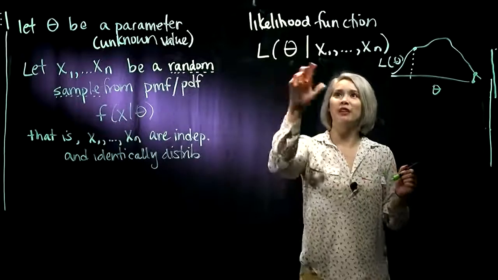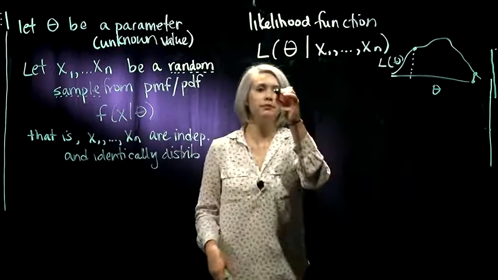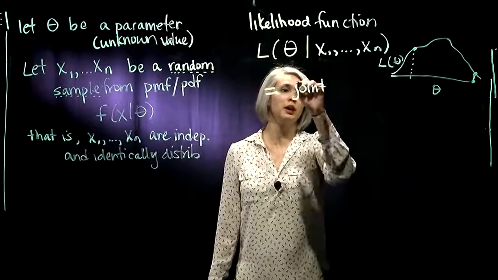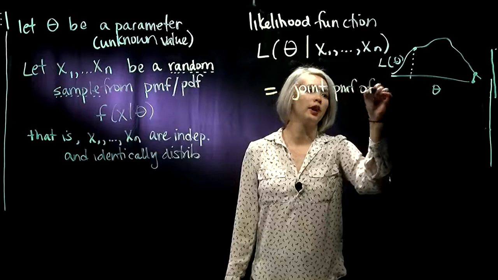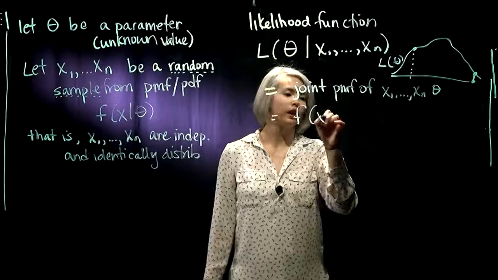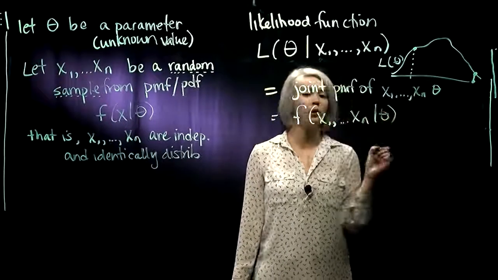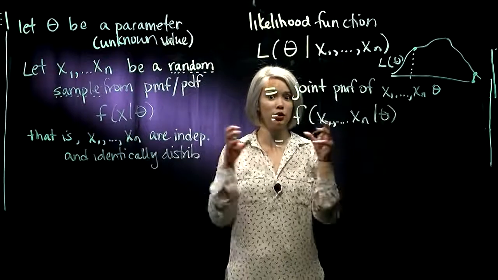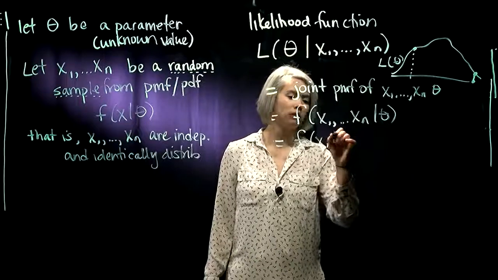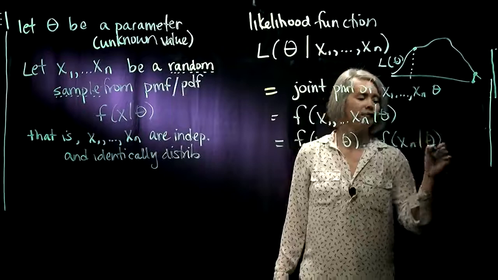All right, so now we have an idea of what that likelihood function is. How do we actually get that likelihood function? Our likelihood function is just the joint PMF or PDF of our random sample. So we have x1 through xn given theta, but we know that they're independent, so we can split this up into the product of univariate PMFs or PDFs.